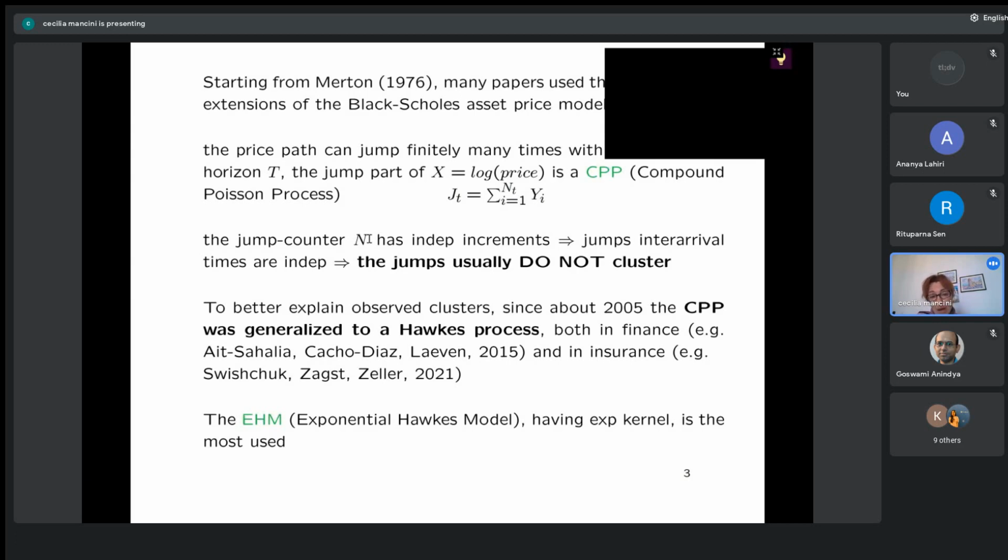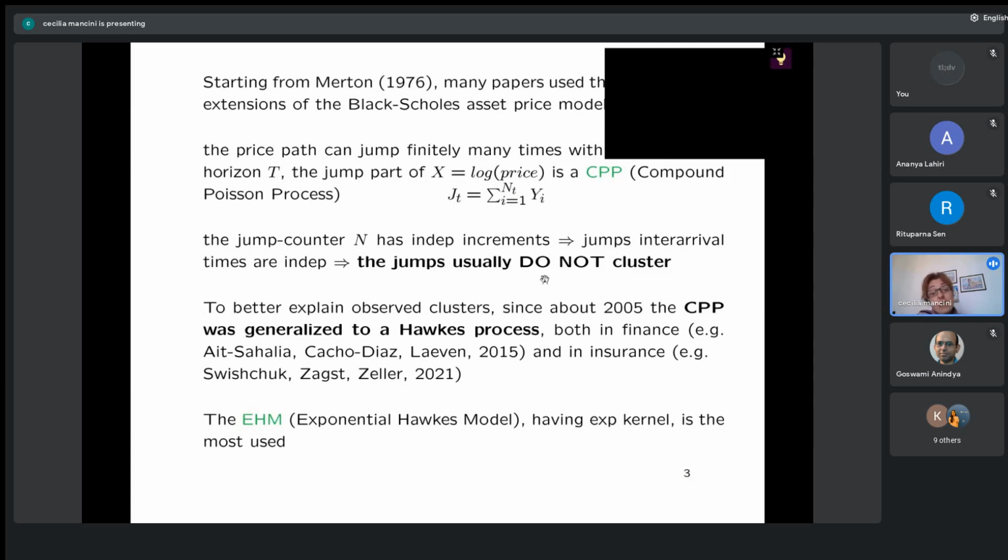N is a jump counter in the Merton model and in all these strands of literature with independent increments. So the jump inter-arrival times are independent, so the jumps cannot usually cluster.